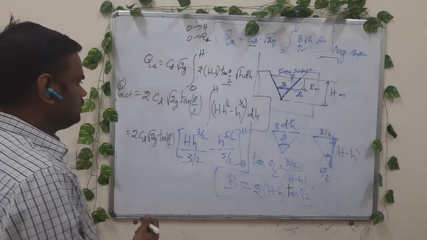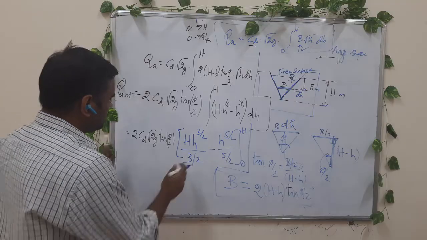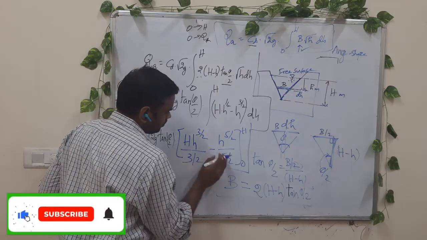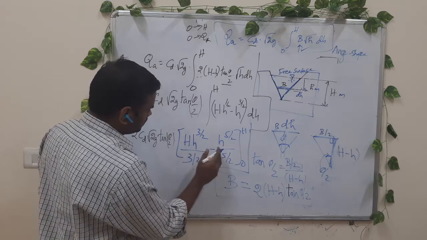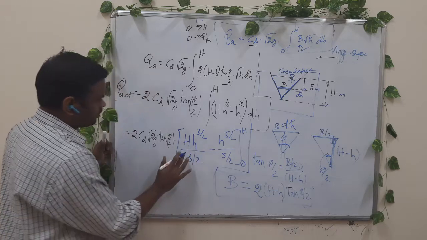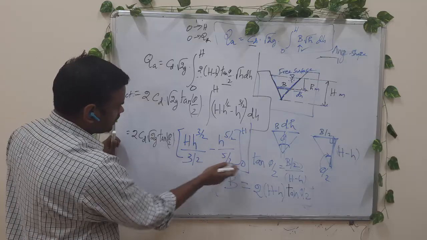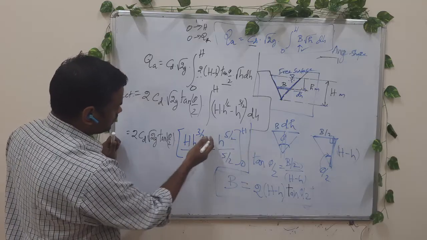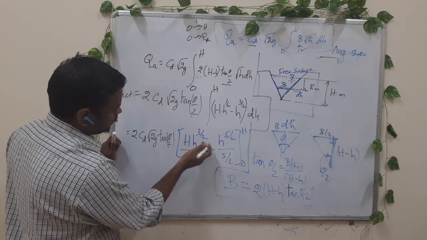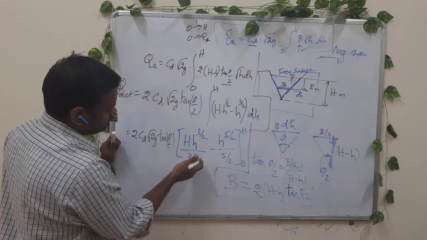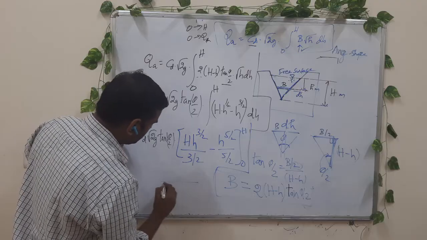Now 3 by 2 is here, we have 2 by 5 here, 2 is here, so that can be going out. So now we will see what we can do. Substituting the upper limit and lower limit, we substitute H here, small h here, we are going to get H power 5 by 2, small h power 5 by 2. But these two terms are different. What is that different term?